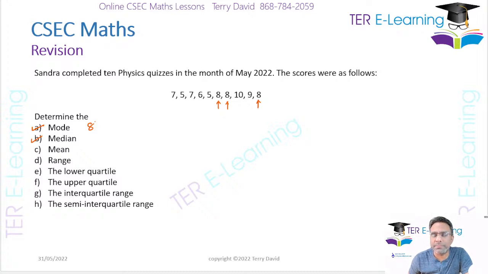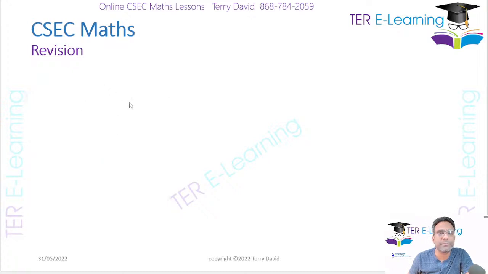All right, I've seen some people saying 7.5. I've seen all different answers, so let's see what we're going to do here. With that data, the first thing we need to do is, whenever you are given a string of raw data, arrange this data in ascending order.